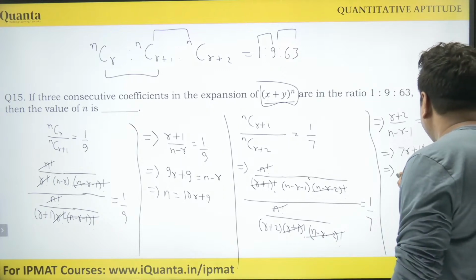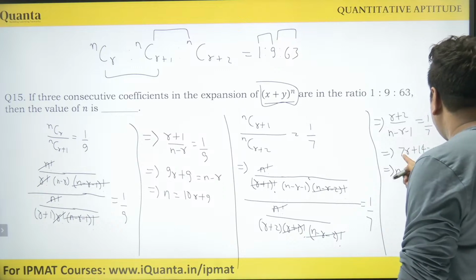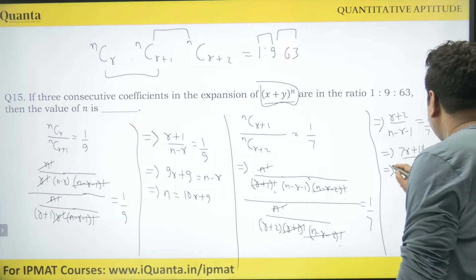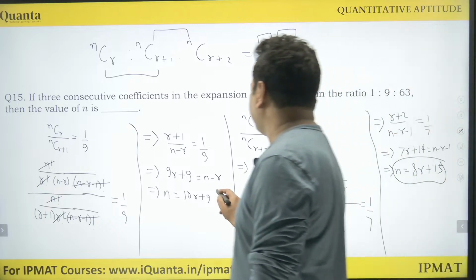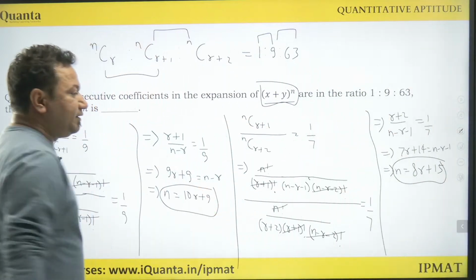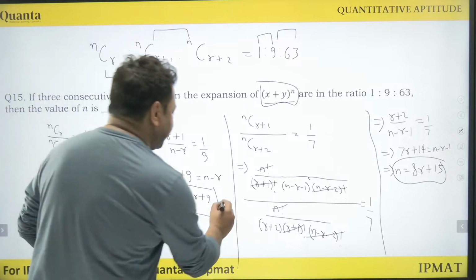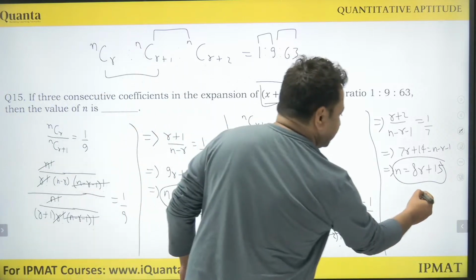Which means the value of n will be equal to 8r plus 15. So now I have n in these two forms. I can equate them. All right. Let this be equation number 1, let this be equation number 2.